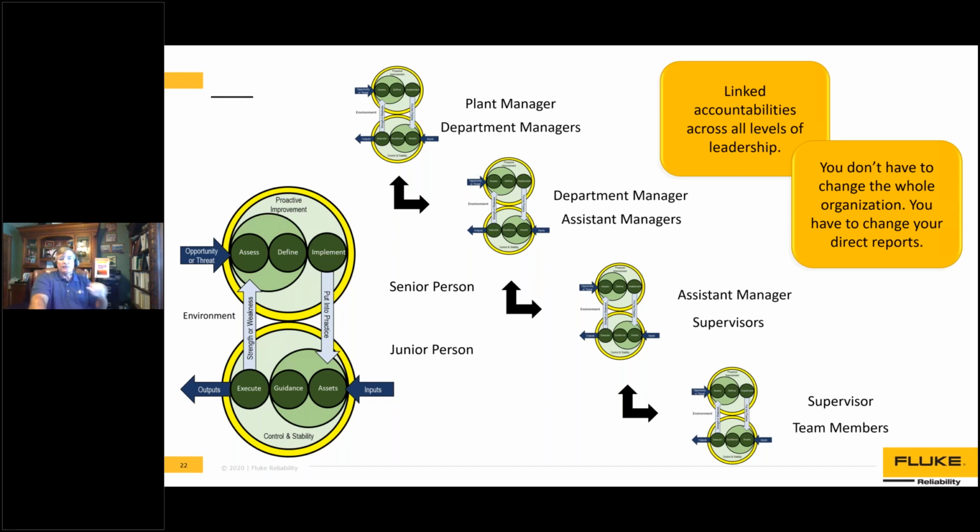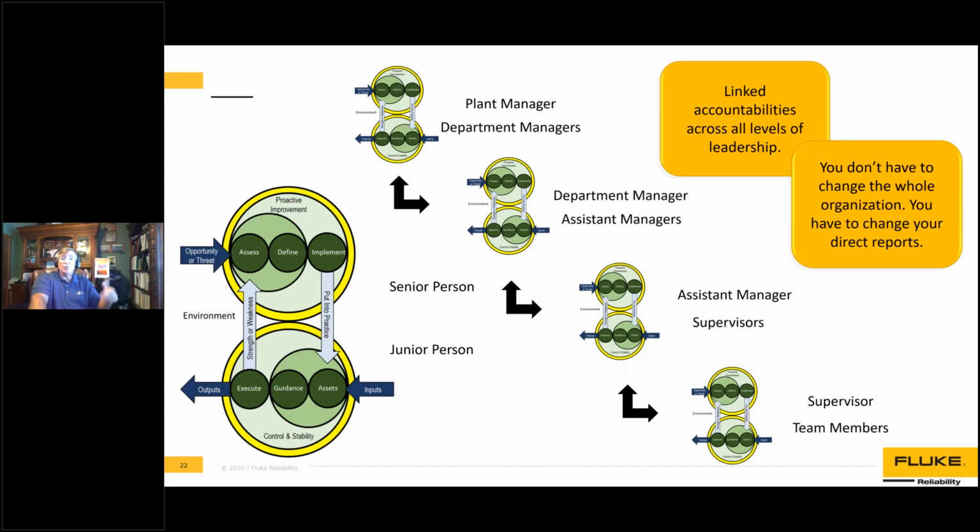By the same token, if you're a shop supervisor and you're trying to implement some new change, maybe in how you check out critical spares or critical tools, let's say it's critical tools. How do you keep control over critical tools? Well, if you're a supervisor and you want to implement this change, you can be attentive and assertive to the people within your shop.